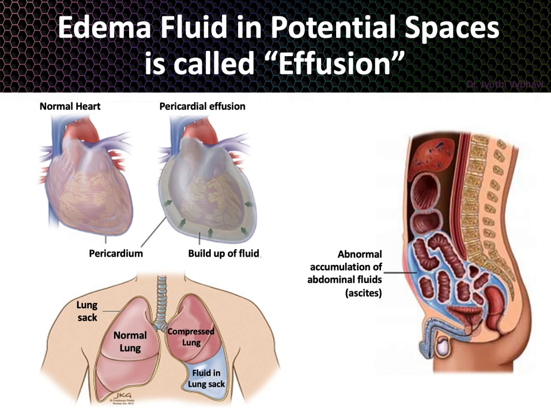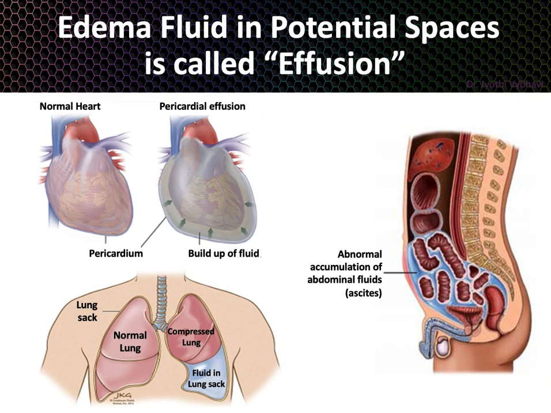And a word about edema in potential spaces. What are these potential spaces? Nothing but the pleural cavity, pericardial cavity and peritoneal cavity. All these spaces have surfaces that almost touch each other, and they have a viscous proteinaceous fluid in between the membranes, right?